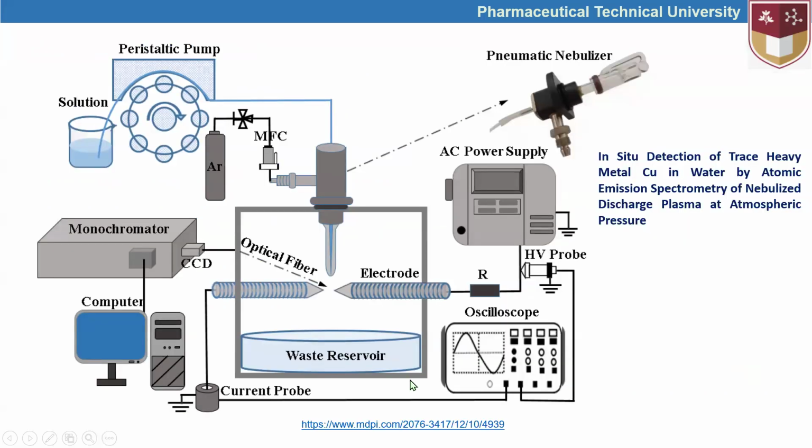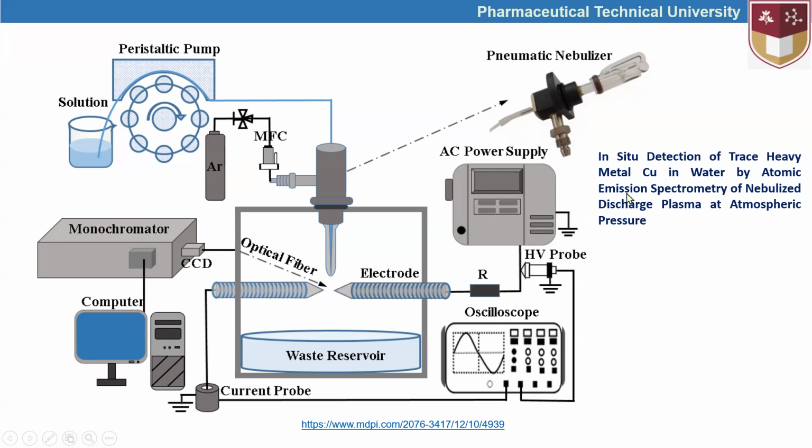And in this figure, we can find out how the tool detects the presence of different atoms. The figure was taken from an MDPI article published in 2022, entitled "In situ detection of trace heavy metals, metal copper in water by atomic emission spectrometry of nebulized discharge plasma at atmospheric pressure."